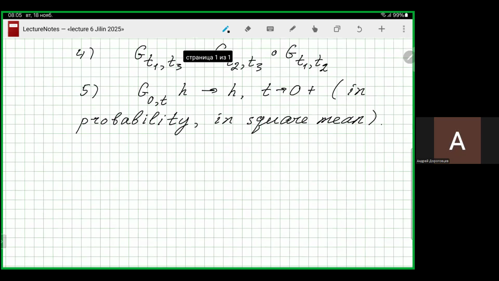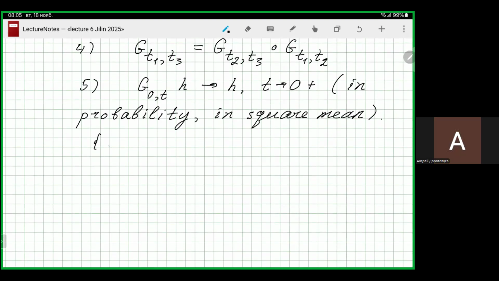We call such a family a stochastic semigroup. J_{ST} is a stochastic semigroup.